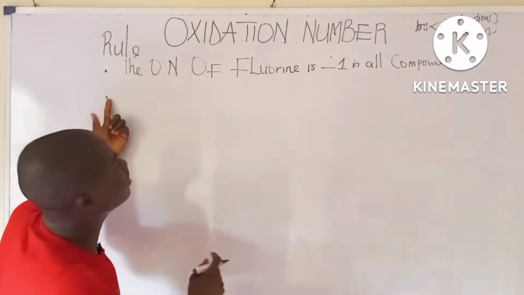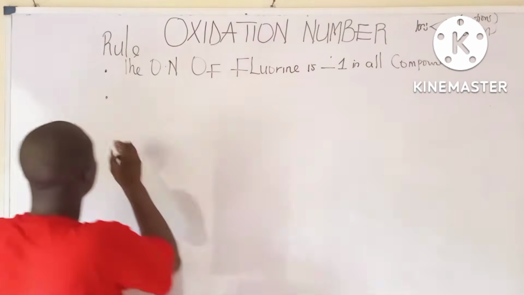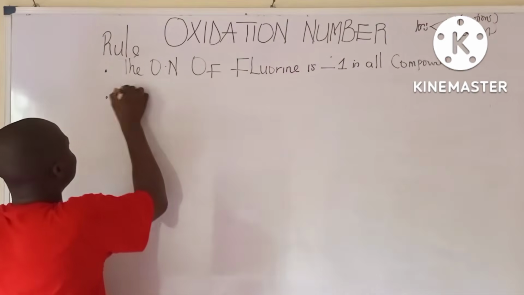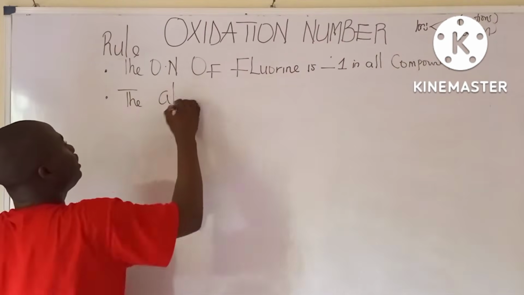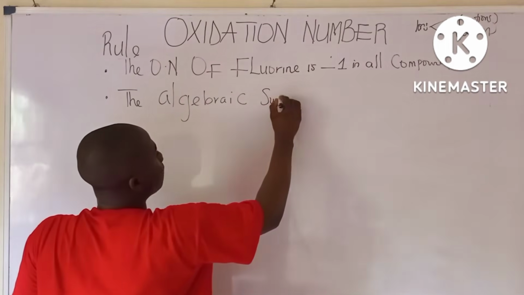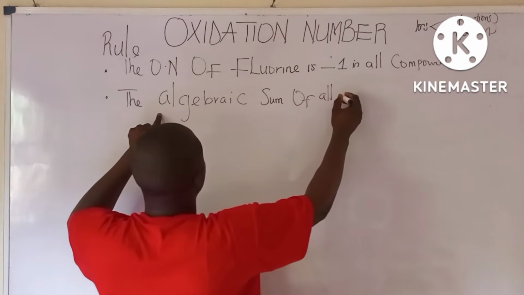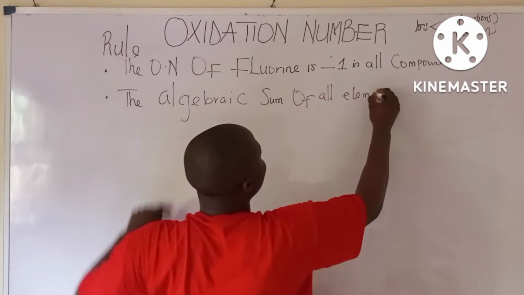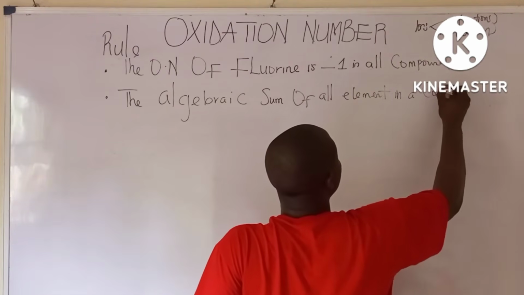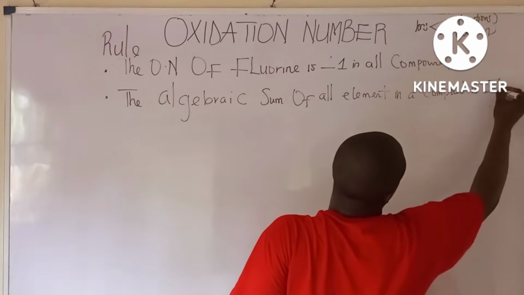Now let's quickly move over to the last, most important rules. The last 2 most important rules. The first of them is this: the algebraic sum of all elements in a compound is 0.